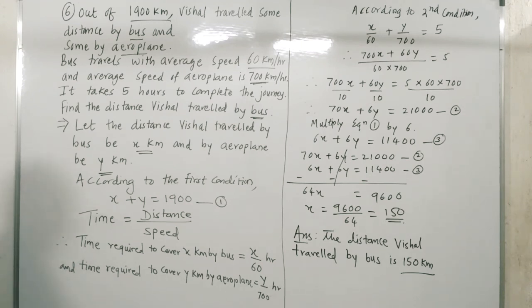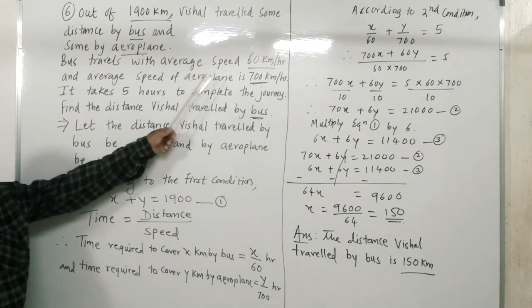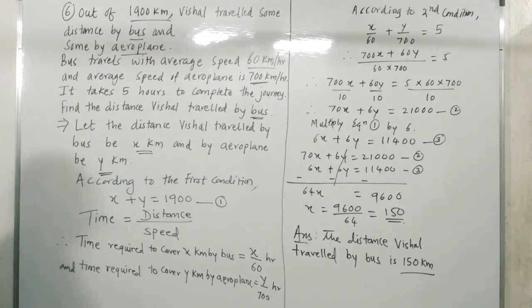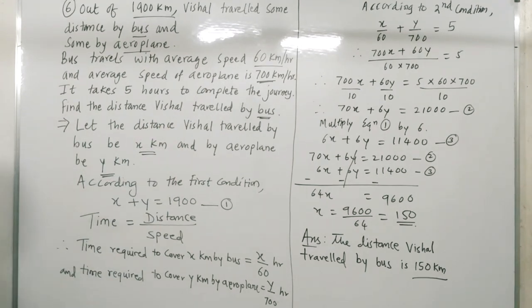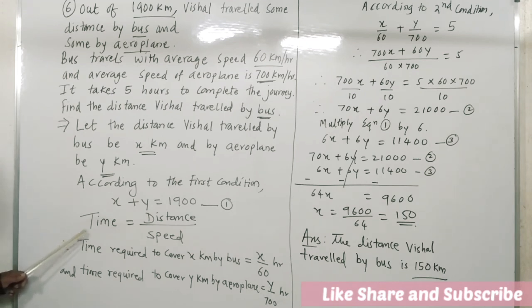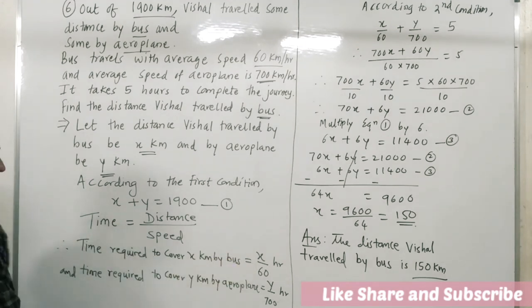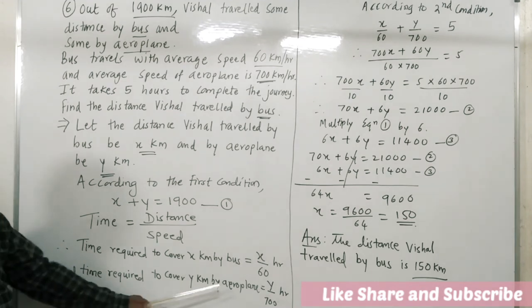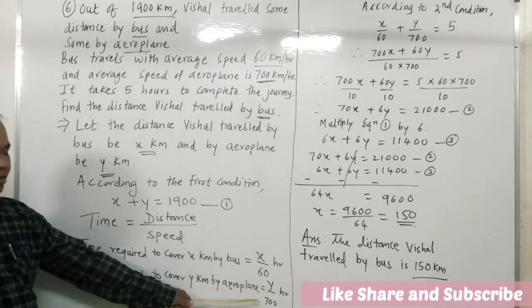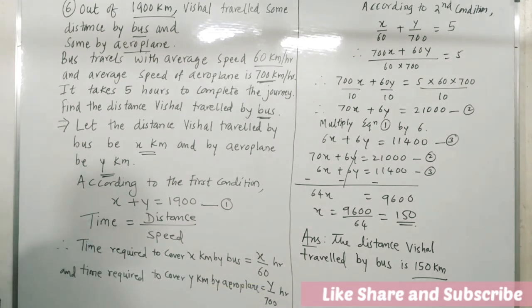Now the second condition is based on speed, time and distance. We know the formula to find time: time is equal to distance upon speed. The time required for the bus to travel x kilometer is x upon 60 hours, and the time required to cover y kilometer by aeroplane is y upon 700 hours.